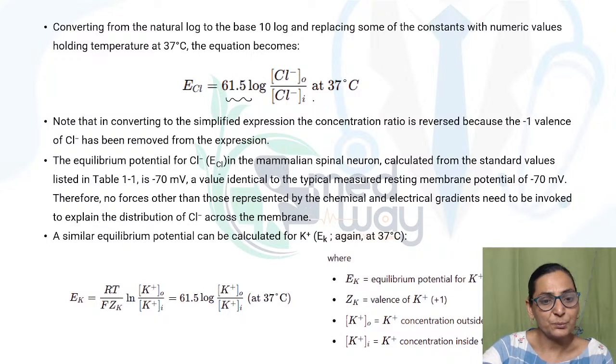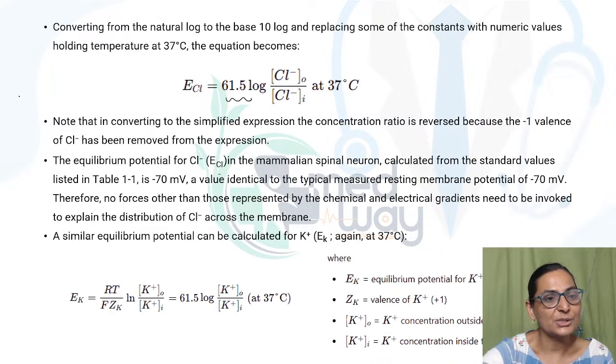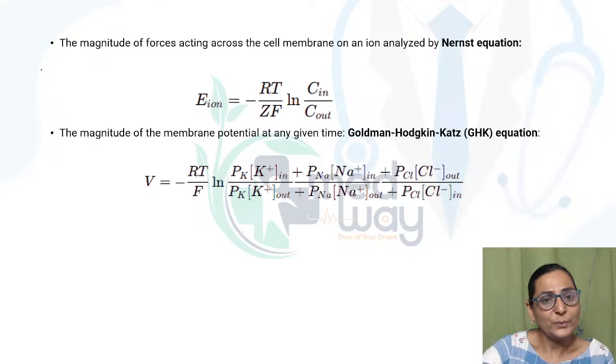So this is the simple formula when we have to calculate Nernst potential. If this comes in the exam, always remember to take the smaller value in the numerator and the bigger value in the denominator to make things easy, right? This Nernst potential is useful when you have to calculate the potential of a single ion.